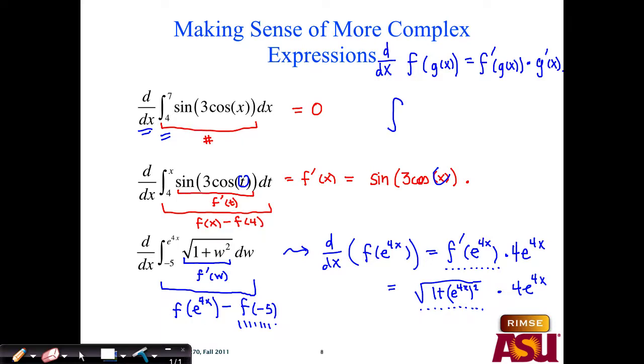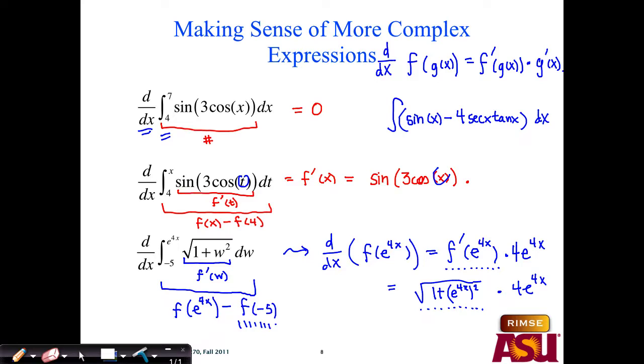But if you see something like, let's say, sine of x minus 4 secant of x tangent of x. That looks messy, but if you think, well, what sort of function would have these two terms in its derivative?